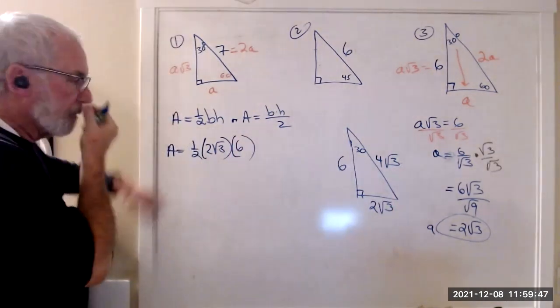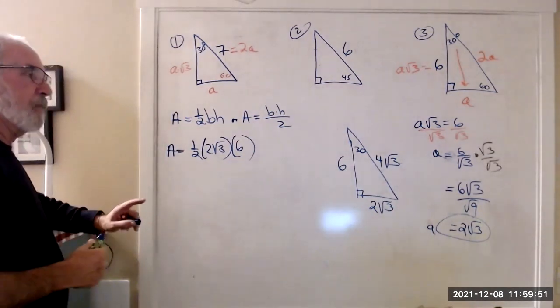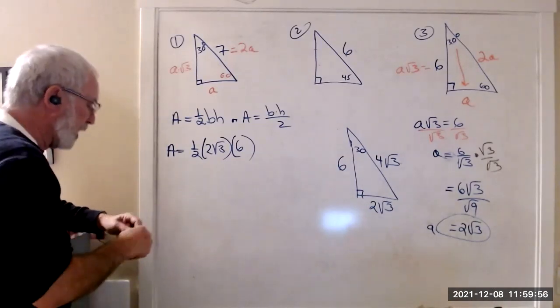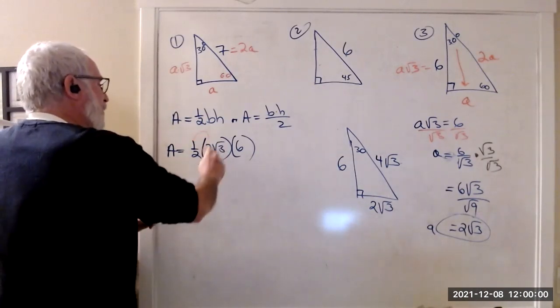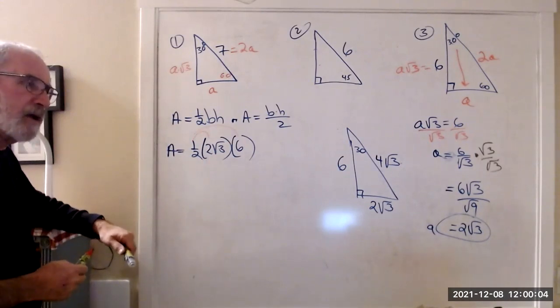Now, that's going to be the answer. But here's what happens. A lot of students, for some reason, distribute the 1/2 here and here, and I don't understand why.